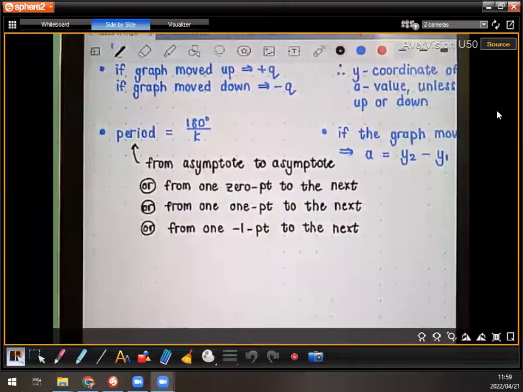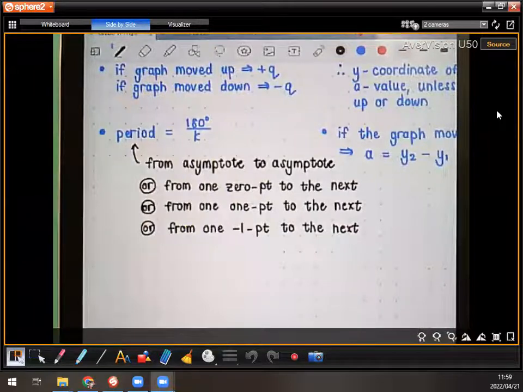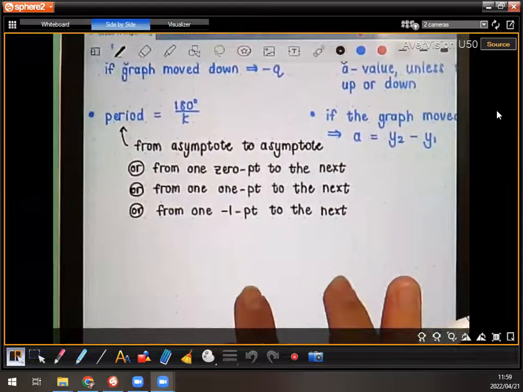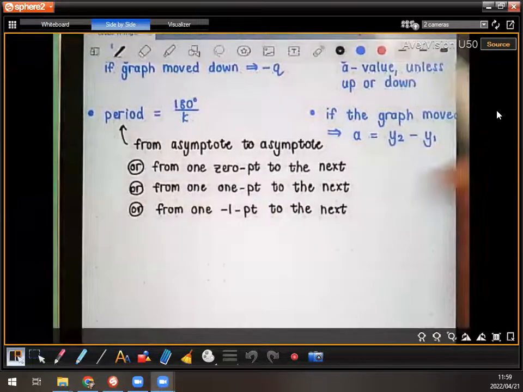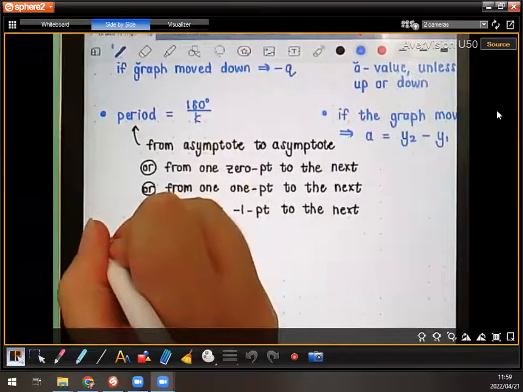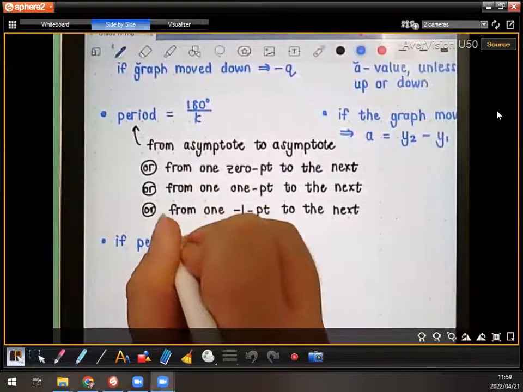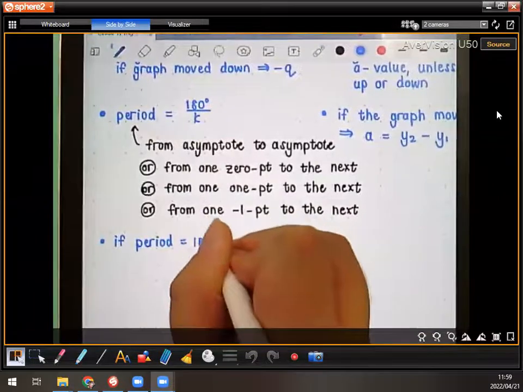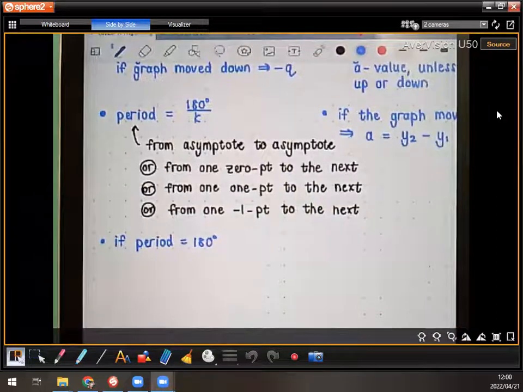And once you've identified the period of the graph that they've given you, you need to put that period into this formula and then solve for k. I'm going to just add here: if the period of the graph that they give you is 180 degrees, if you look at the graph using any one of these four methods and you see the period is 180, that's the normal period of a tan graph.